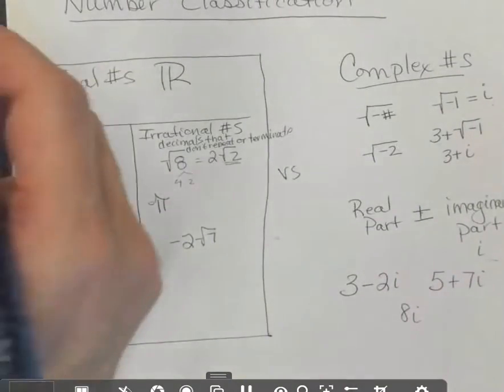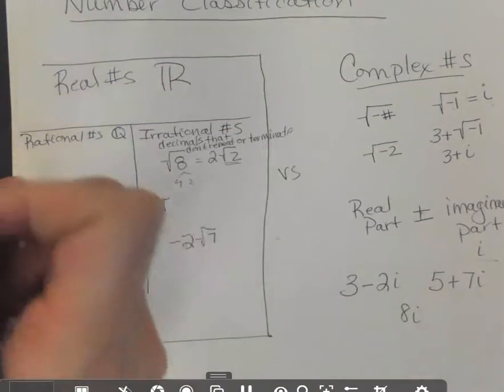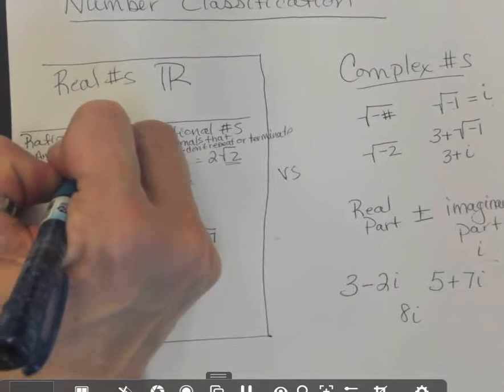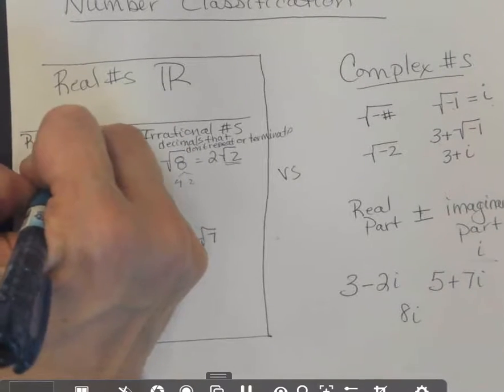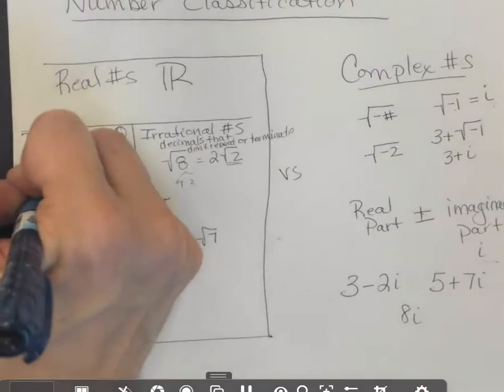Now, rational numbers, we also call that the quotient group. The quotient group is any number that can be written as a fraction.